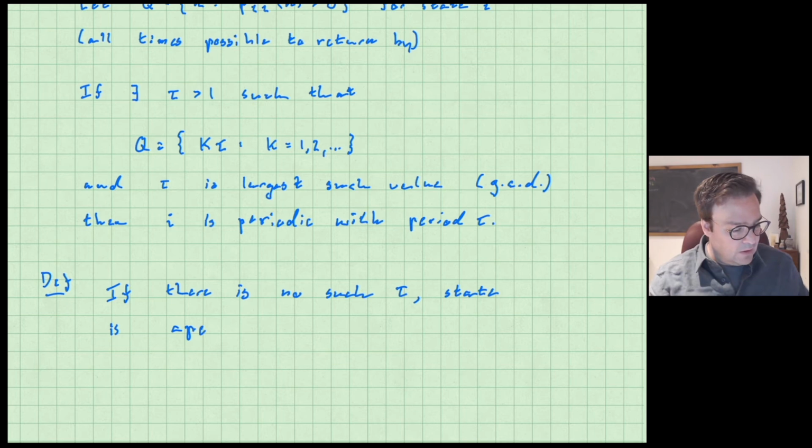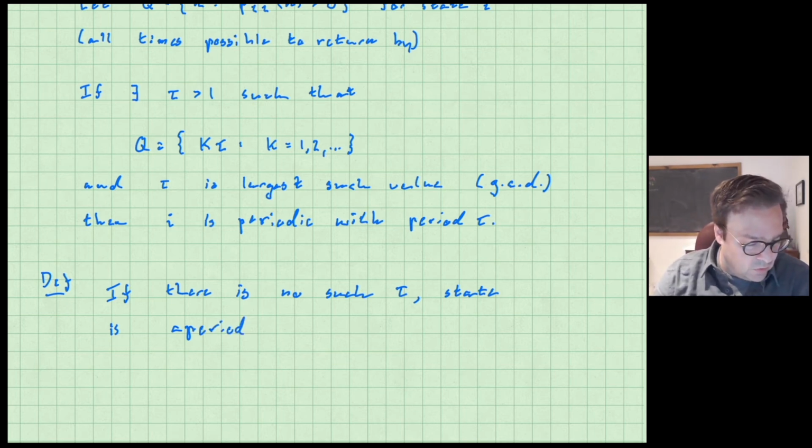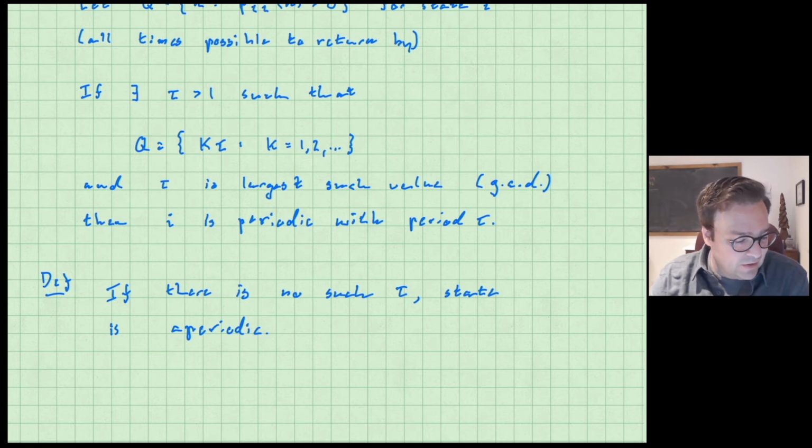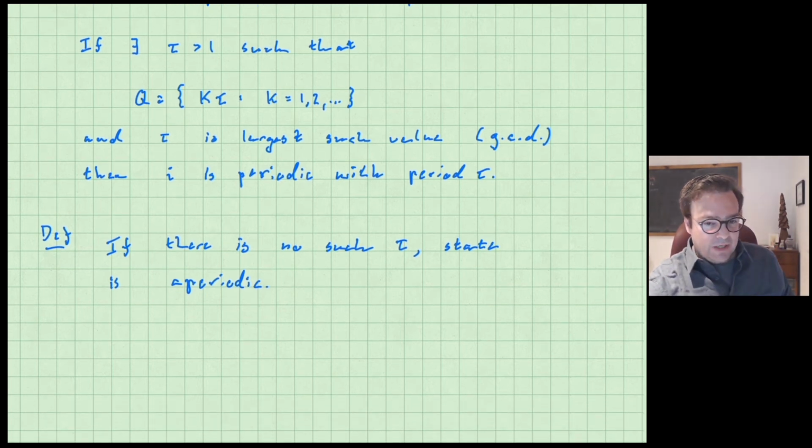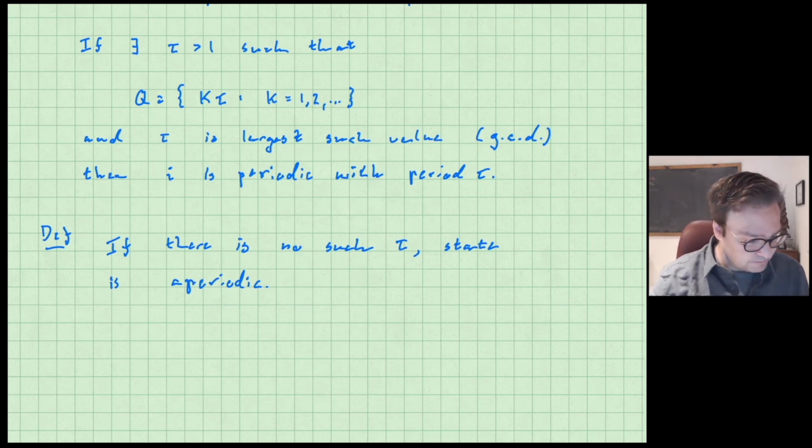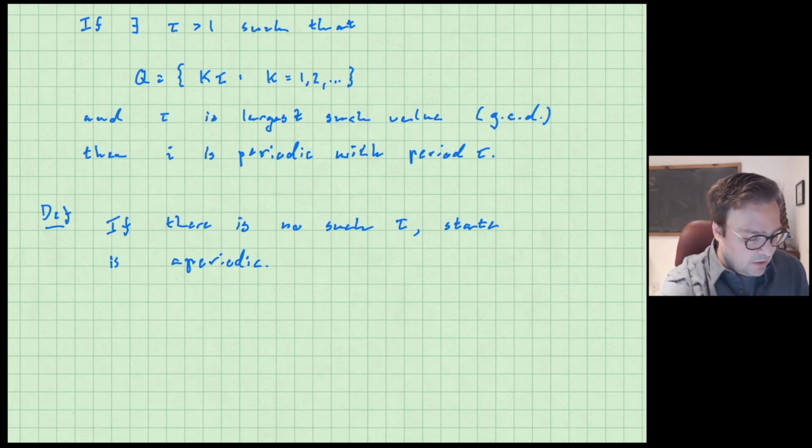In other words, if the state is periodic, then you can only return back to that state after trips that take multiples of tau, or some smaller value. We're going to do an example here in a second.